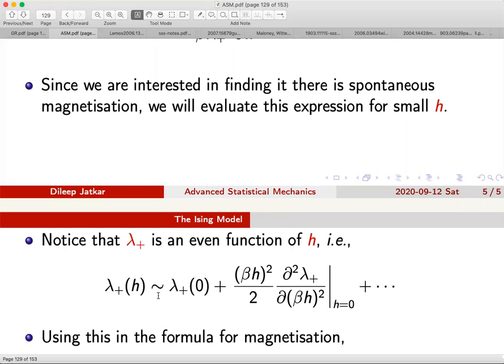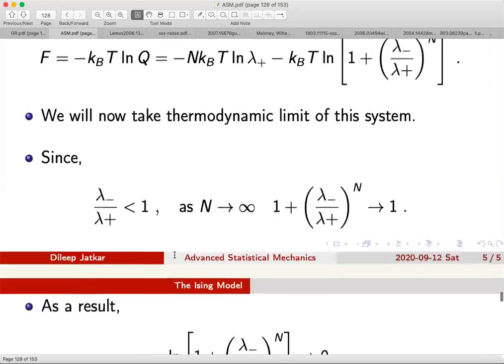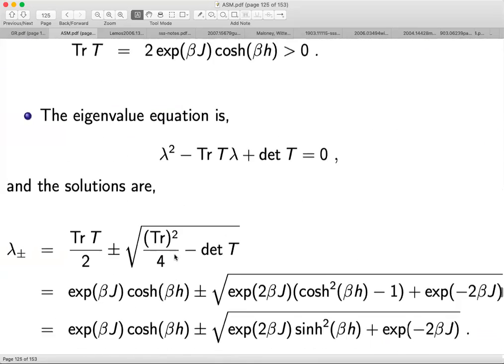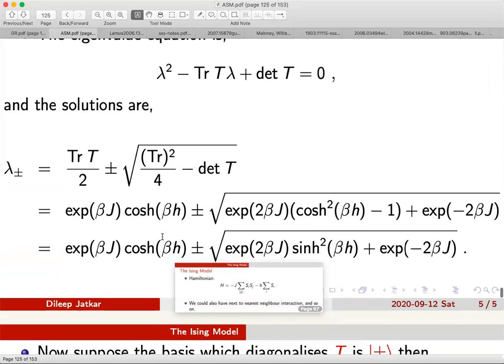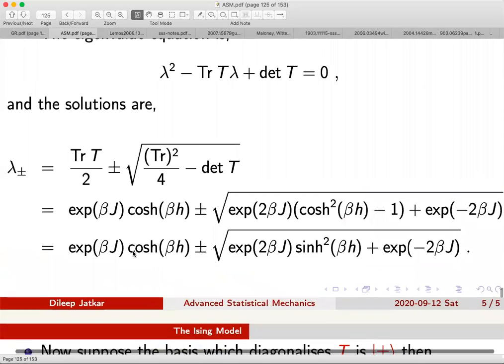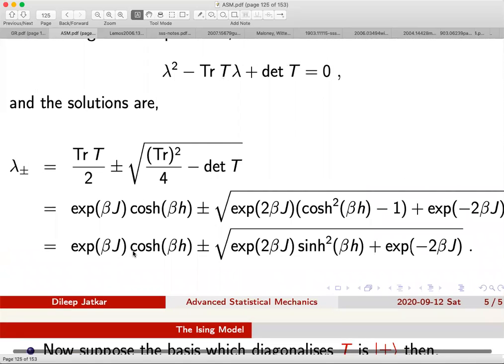All I'm trying to say is the following: that lambda plus is an even function of H is something we know. Let's go back to the expression. You can see it is a cosh H and sinh squared H. So H going to minus H, for example, lambda plus doesn't change sign. Lambda minus also doesn't change sign.